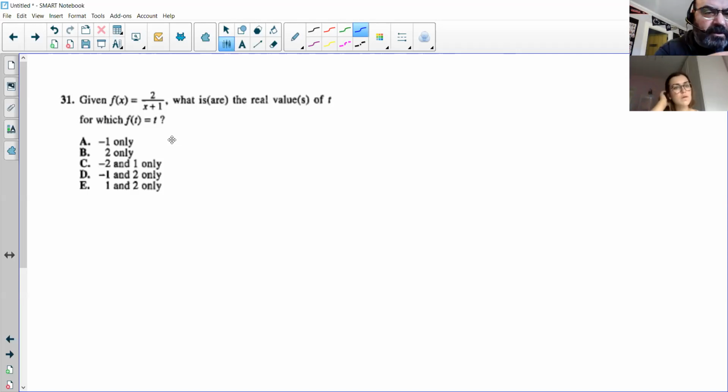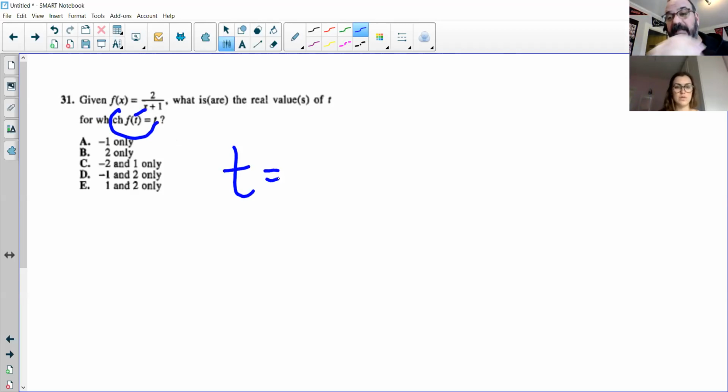So what I have to do is substitute this t up for this x and this t for the function. So the function of t equals t. And the function of t is substituting t for x. That's a big mouthful. So I'm going to put 2 over t plus 1. Now it becomes simple algebra where I cross multiply.